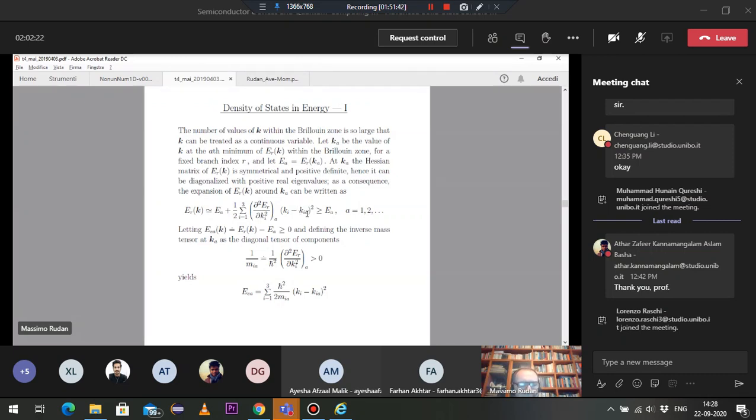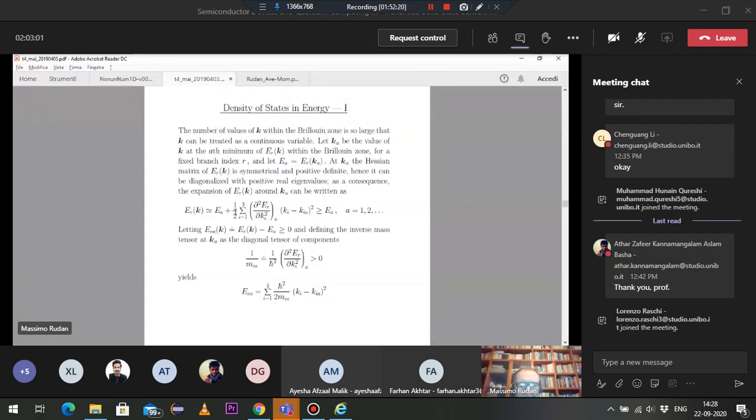You remember, apart from gallium arsenide, the minimum is not in the gamma point. So the minimum is not in the zero of K, it is in some position of K that we call K of A. And also, K has three components because it is a vector. So I is the index of the components, K1, K2, K3. So in the parabolic band approximation, you don't have the first order term because we are in the minimum.